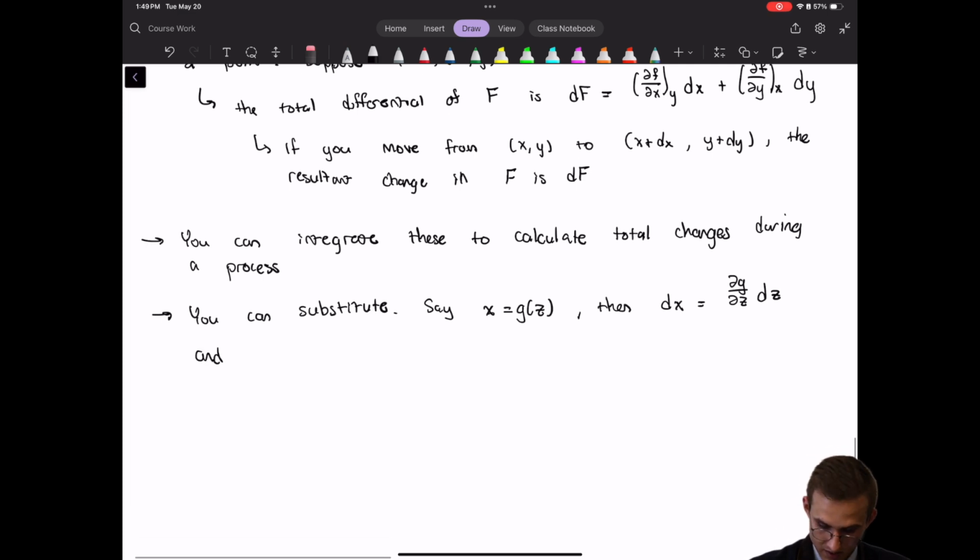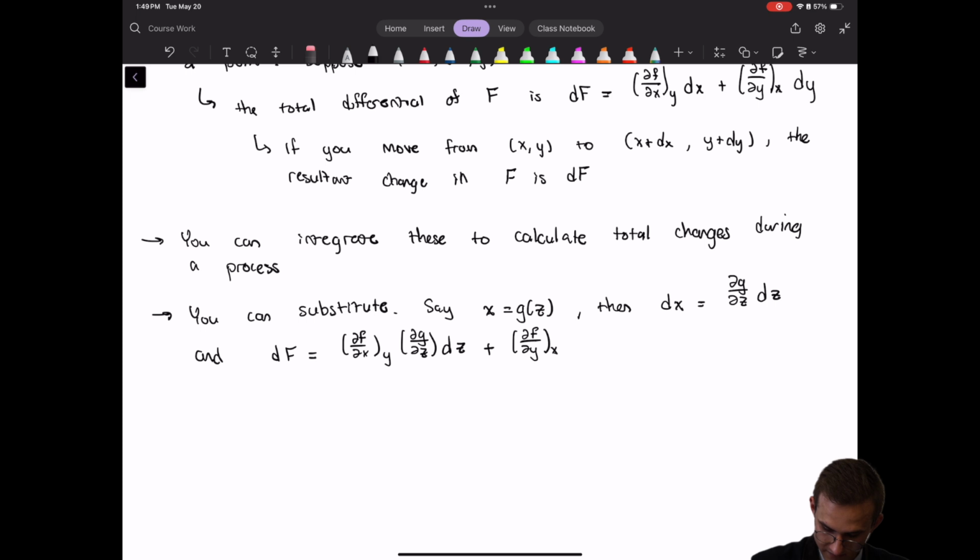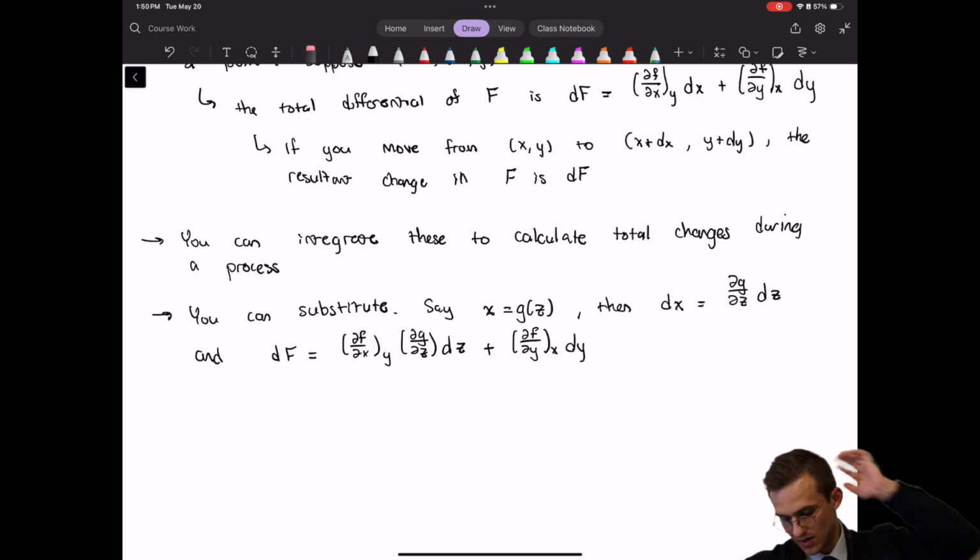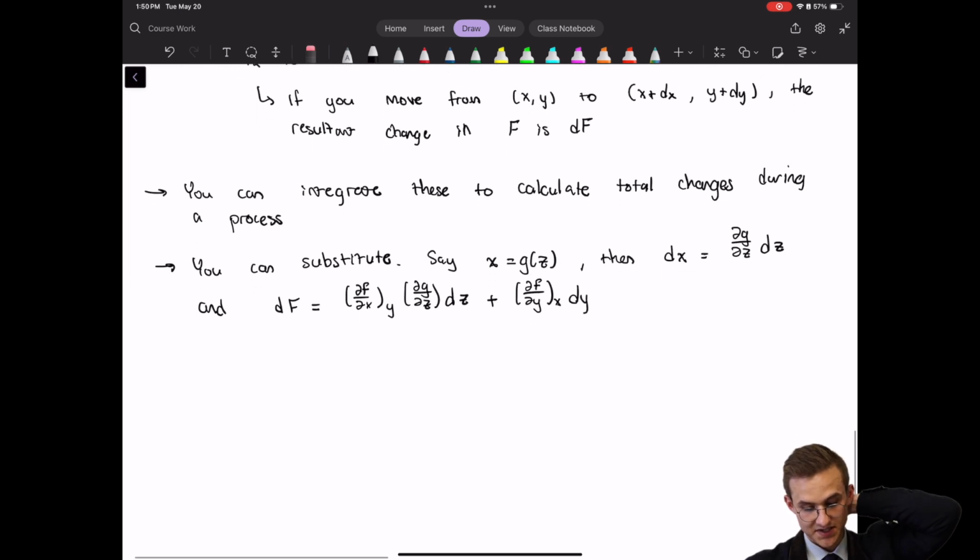So you can then substitute that into the expression we had before. So df is equal to ∂f/∂x holding y constant times dg/dz dz, plus ∂f/∂y holding x constant dy. I just took the dx that I got here and substituted it into its place.